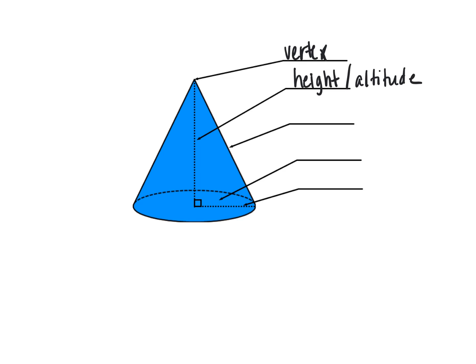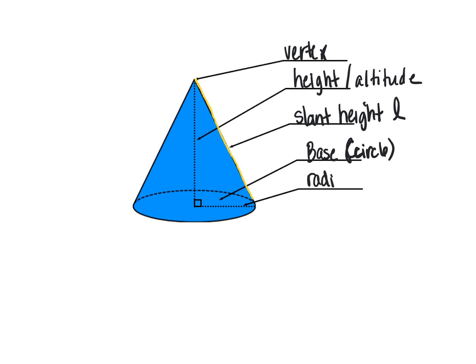Now this next piece here, it's referring to, like if I could climb to the top of the cone and slide down this on a sled, that is referred to as the slant height. The symbol we use for slant height is a cursive L. Our base there is a circle. So again, it's a base. And because it's a cone, it's always going to be a circle. And then finally, because we have a circle, we have a radius.